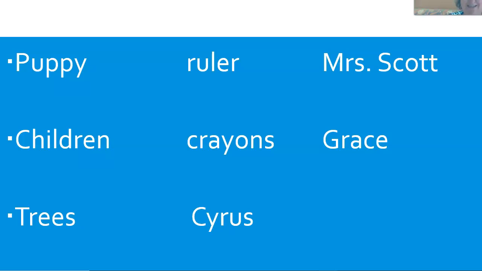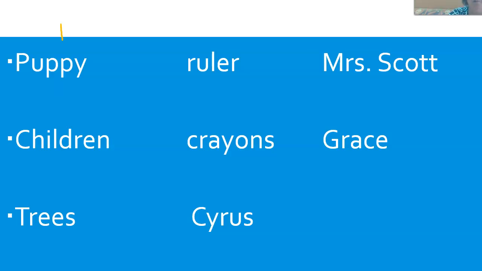Whenever we make a singular noun possessive, we add apostrophe S. When we make a plural noun possessive, we look at the last letter of the word. All right, so what I want you to do with your whiteboard is go from puppy to ruler to Miss Scott.